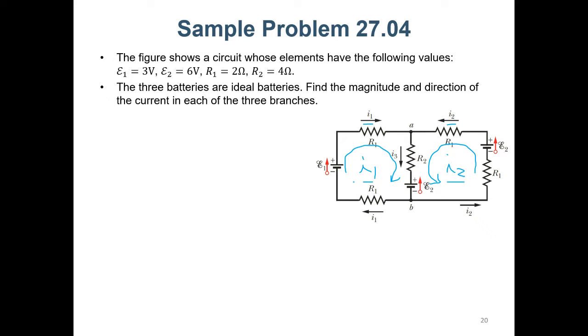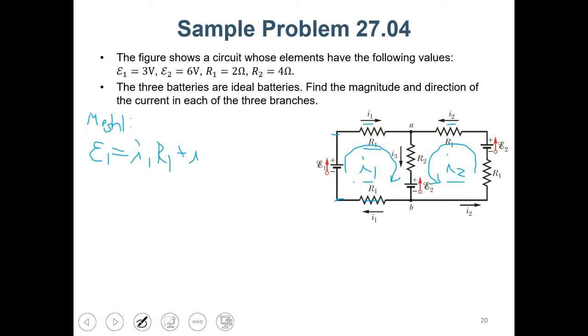So for mesh one, we start from E1, from this point to that point, E1, and then this is the voltage going up, and then we start to have voltage drops for I1 R1 across this loop, for this one and this one.